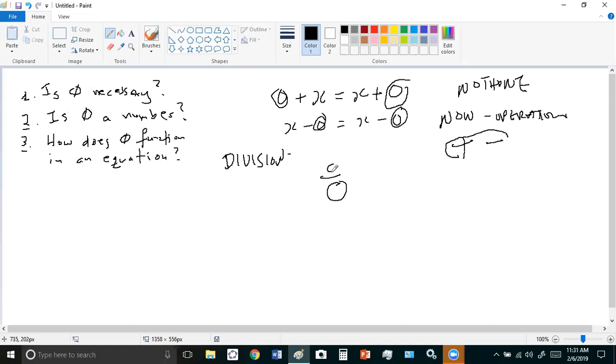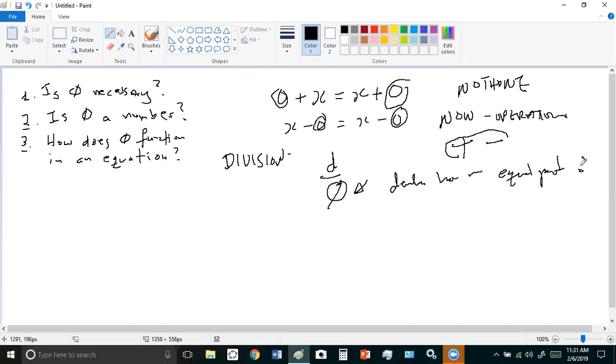Let's say there's a digit or a number up here. You cannot have zero at the bottom because this denominator must signify how many equal parts of 1, always, okay? So this denominator always denotes how many equal parts of 1.